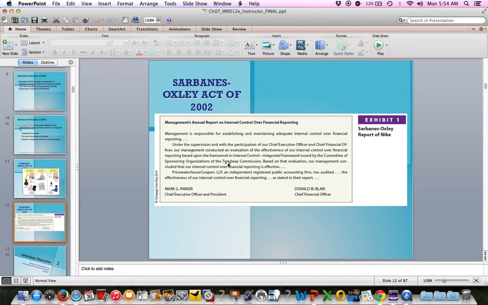And they developed a framework of what a good control would look like. If a company has good controls, here's how to do it, here's the policies and procedures to include in those controls, and so on. So when they mention the Treadway Commission, that's what they're talking about. And then PricewaterhouseCoopers was their auditor, and basically has said, we agree with the controls being effective.